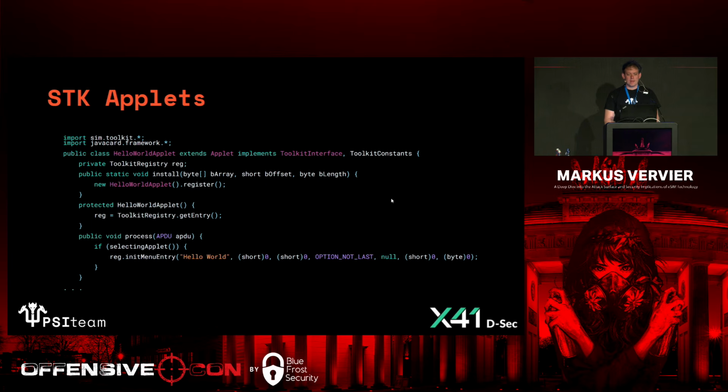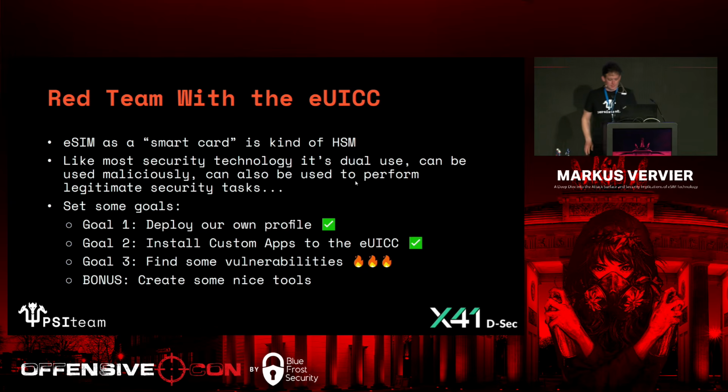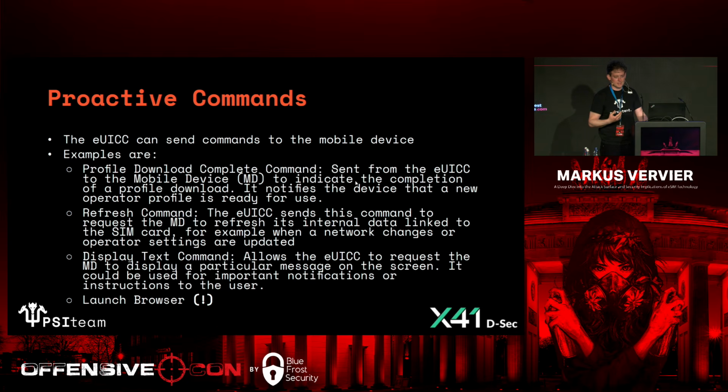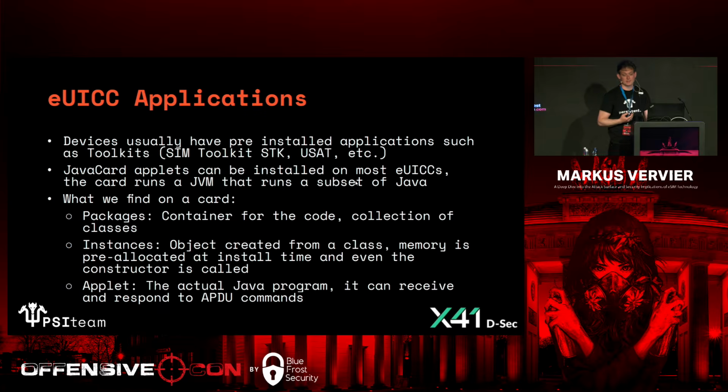So why am I telling you this? Remember, with eSIMs you can bring your own profile. The user doesn't have to plug in some physical card, so you can deploy your own profile on a device that supports it, even as non-admin, for example on Windows. So you can install custom apps on that card, and if you have custom apps on that card, there are some interesting features, right?